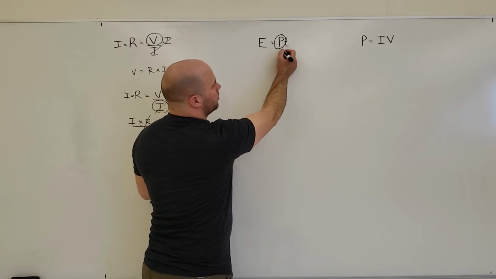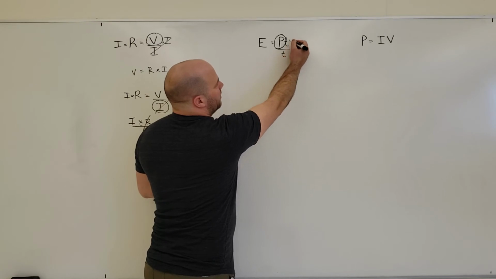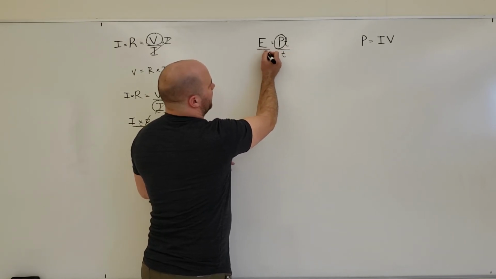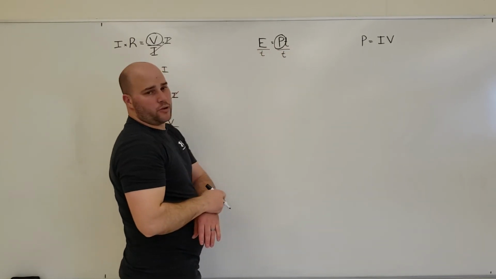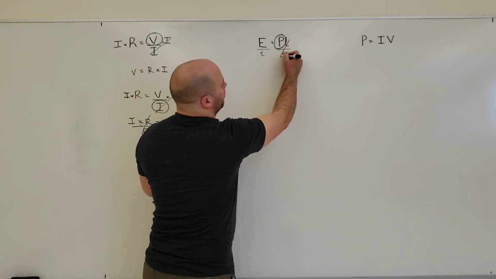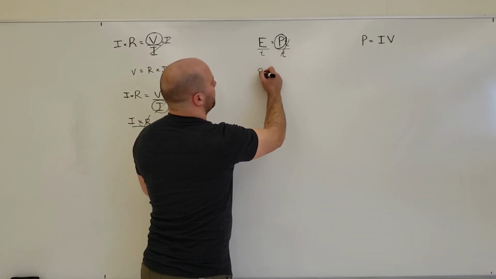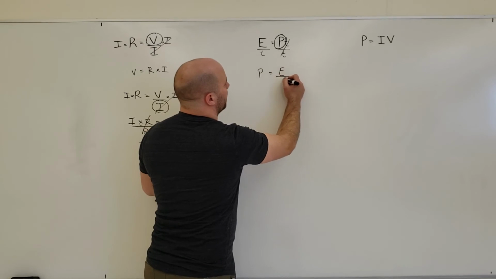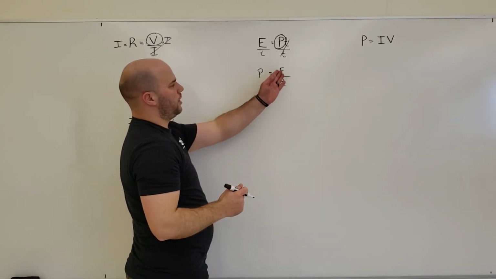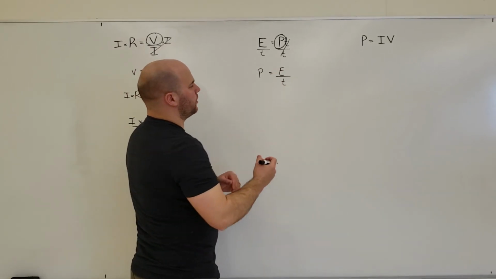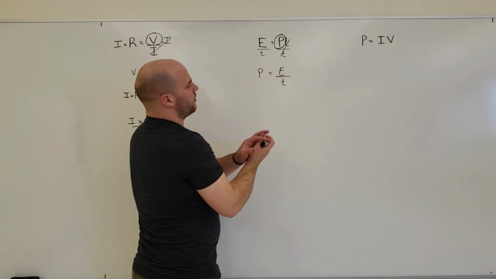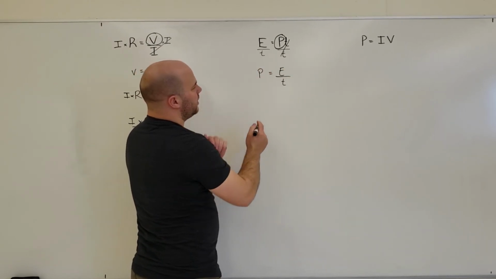Because they're multiplying, we will divide. And whatever you do to one side, you make sure you do it to the other side so that your equations are balanced. Your t's now cross out because they equal 1, and you have p equals e divided by t. Again, you can put in your value for energy, you can put in your value for t, and you can figure out what they are by dividing.